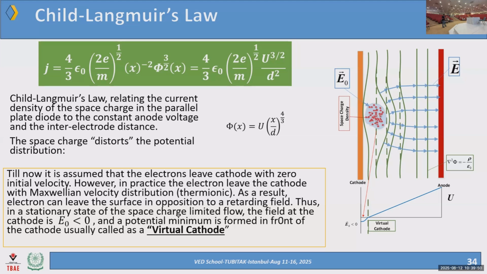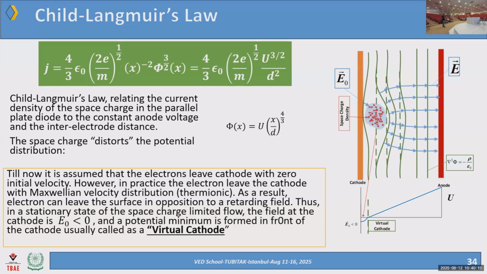In fact, the cathode is defined as the position in space where we have zero potential. Okay, but due to this charge, the potential has gone sub-zero. So in fact, the cathode has shifted virtually from its original position. That position is called the virtual cathode.